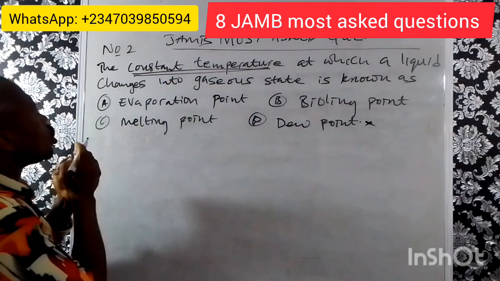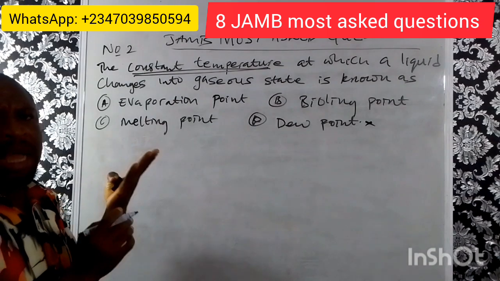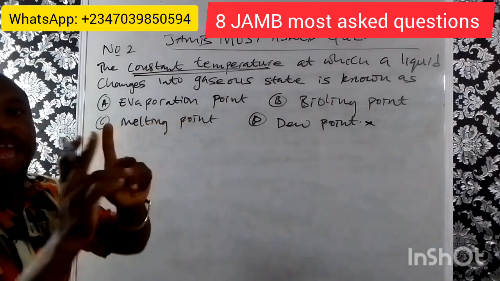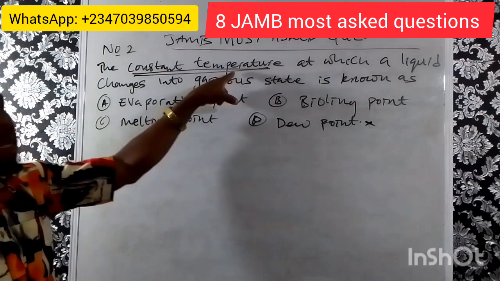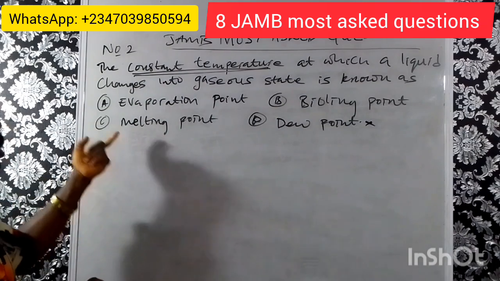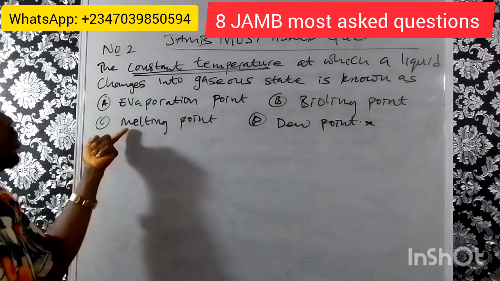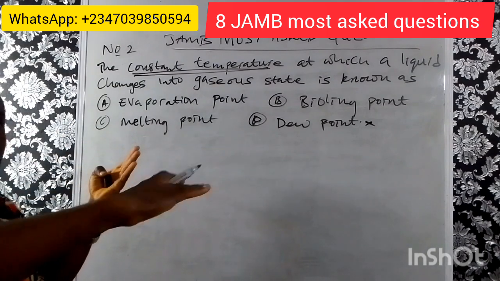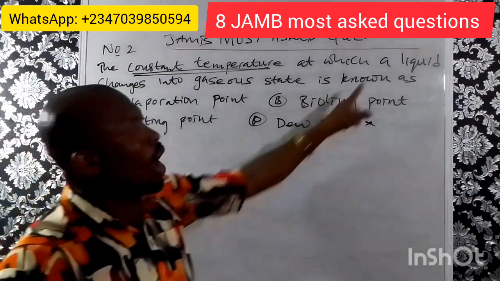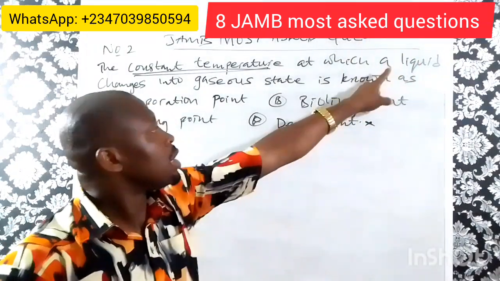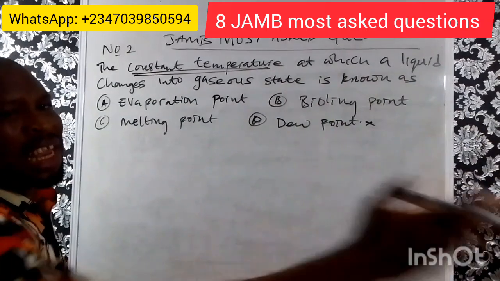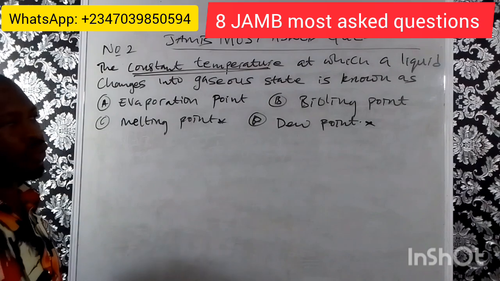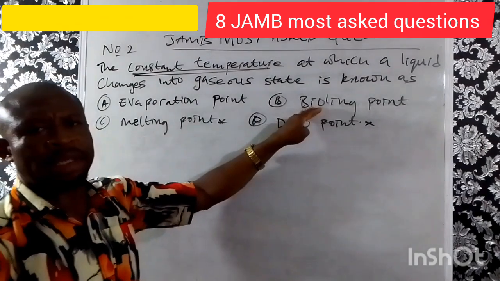Now, if you come to melting point, yes, both melting and boiling occur at constant temperatures. But the difference between the two is that melting occurs at a constant temperature at which a solid becomes liquid. In other words, this one is off. Now we look at boiling.